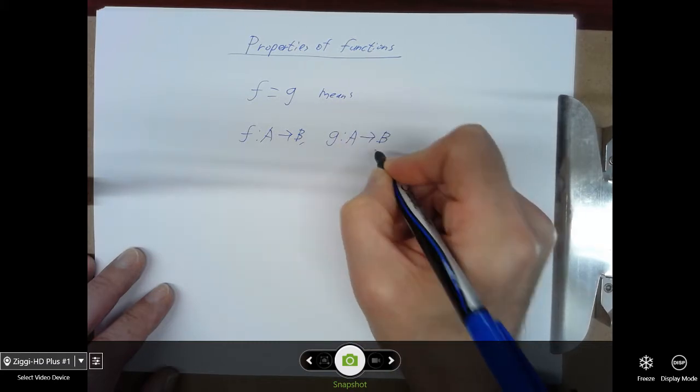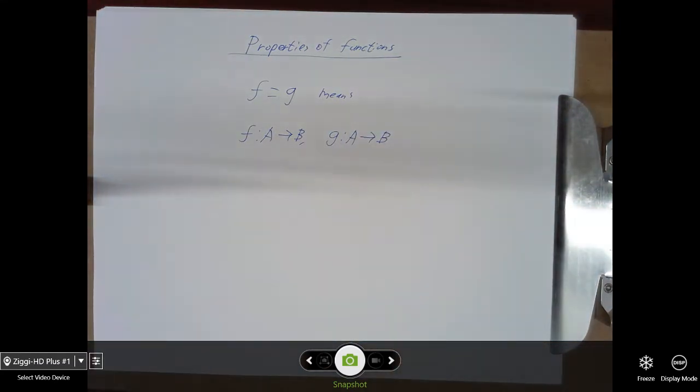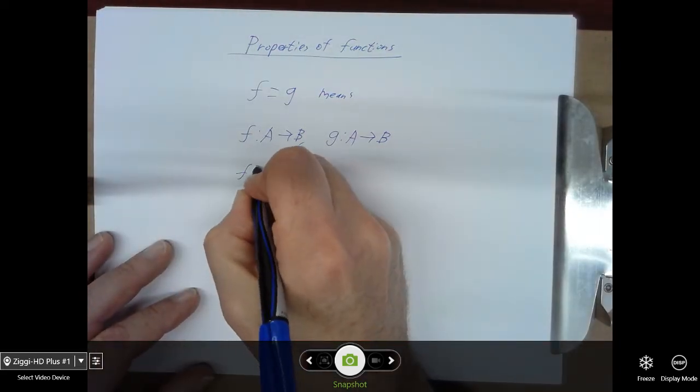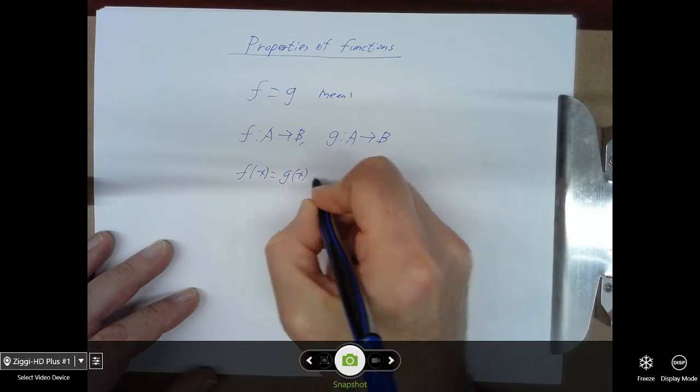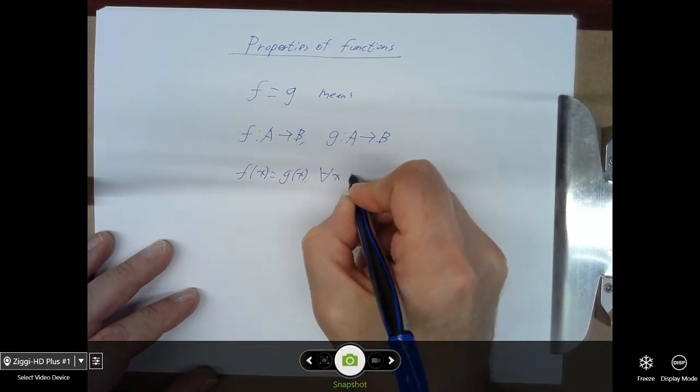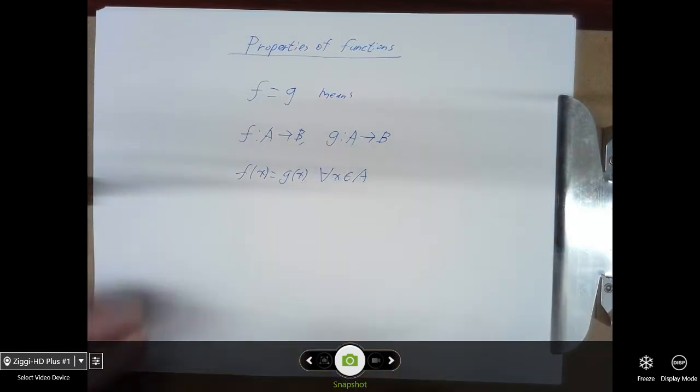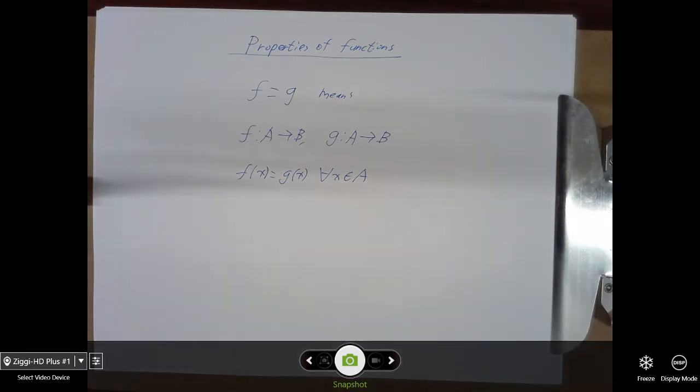So they have to have the same domain and codomain. And they have to have the same values for all points in set A. For every element in the domain, f and g have to map that element to the same value in B, the codomain.